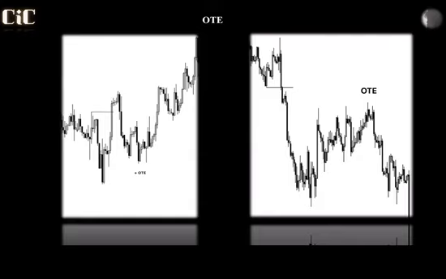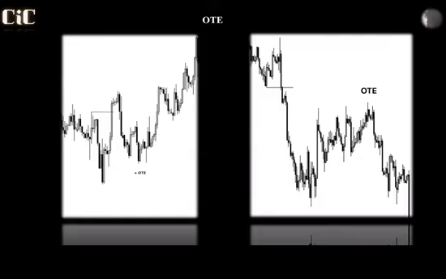The reason I'm bringing this up anyway is their lack of critical thinking skills. You can know what an OTE is by simply Googling Fibonacci Golden Zone, right? That was where the OTE was taken from and repackaged, basically.